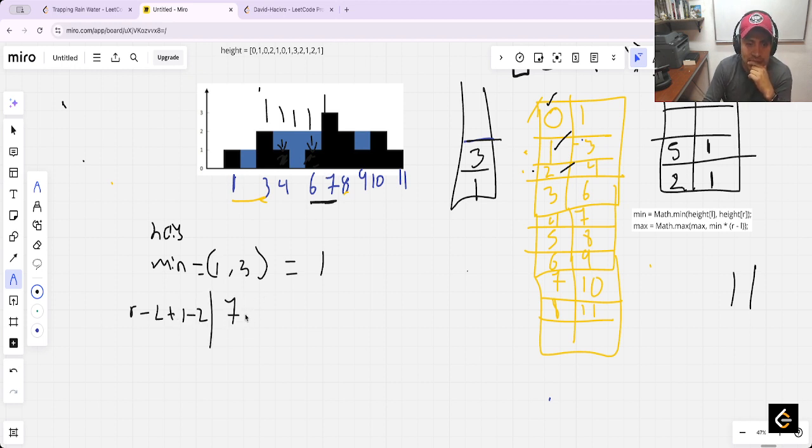It is 7 less 6 plus 1 less 2, which is 1 plus 1 is 2, less 2 equals 0. Makes sense because we don't have anything. 0 plus 1 is 0, and we don't have elements. But here I have 2, and now x is 3, that is here.